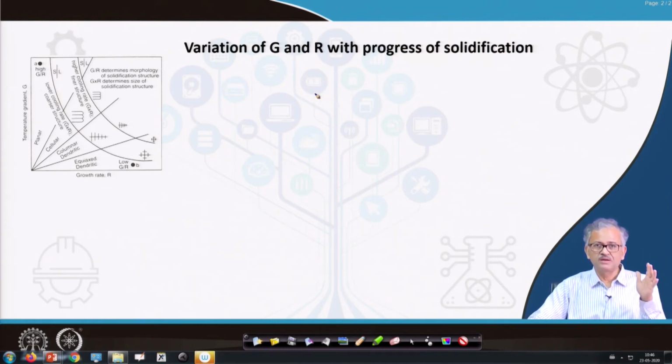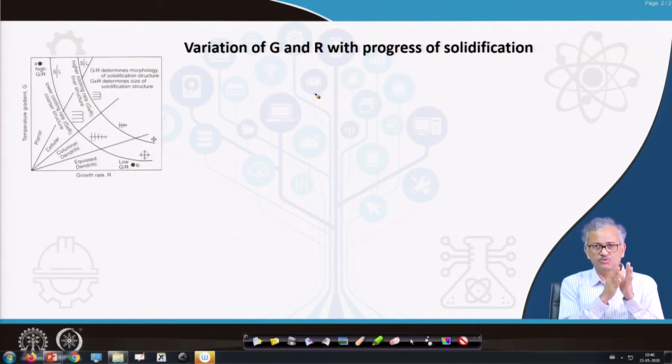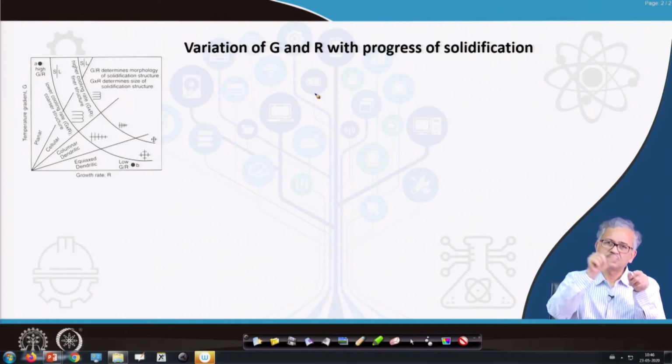But beyond that, your thermal gradient starts decreasing. Why decreasing? Because as the solidified shell grows, the temperature gradient is the liquid temperature minus the solidus temperature at the solidified shell. So the temperature gradient significantly decreases beyond that point.